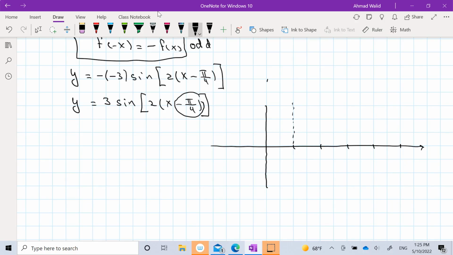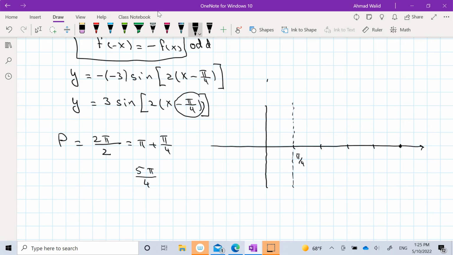Here is your pi over 4. Now you need to find the end of your period. To find the end of your period, p equals 2 pi over 2, which gives you pi, and you are adding this phase shift to it, another pi over 4, which gives you 5 pi over 4.